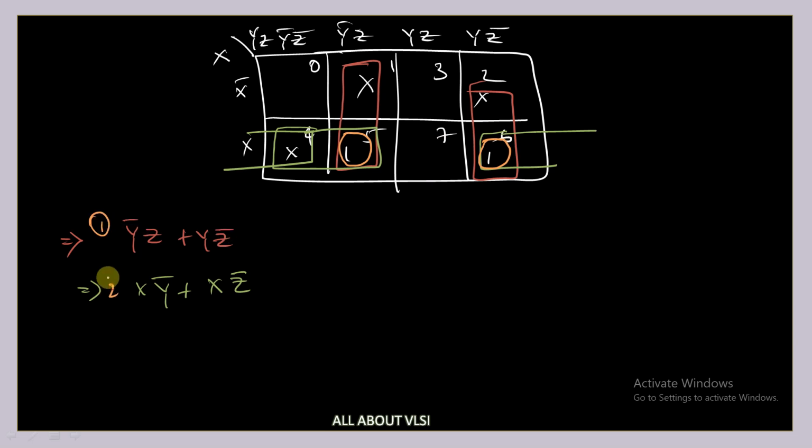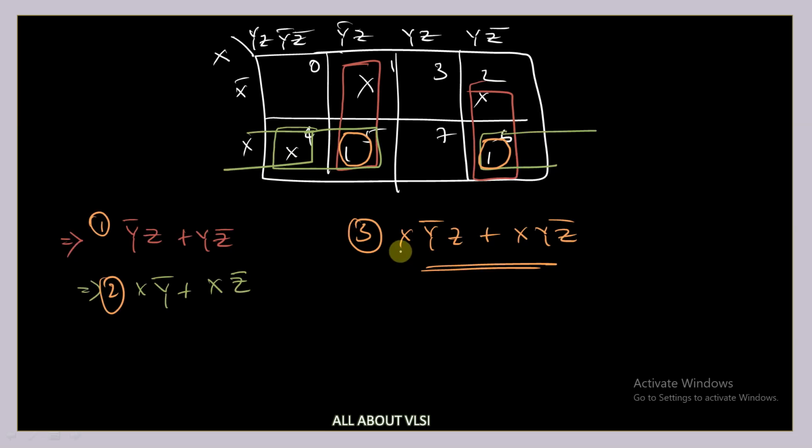So this is my first answer, second answer, and third answer will become x y bar z plus x y z bar. That is my x y z bar plus x y bar z. First option is also matching. So that is 1, 2, and 4. 1, 2, and 4 option B.